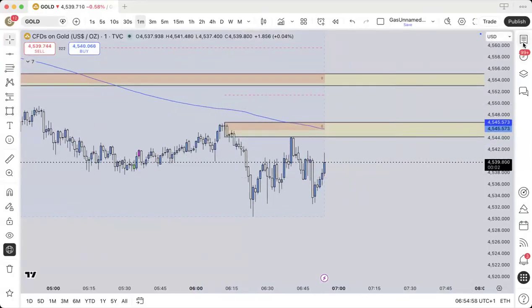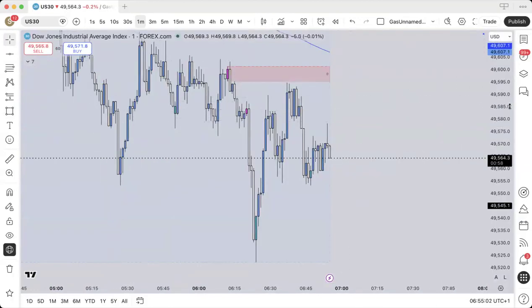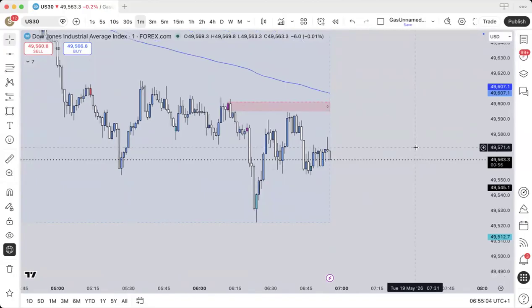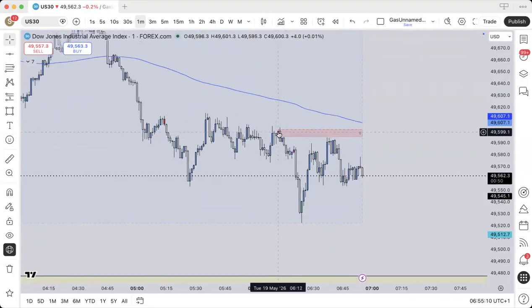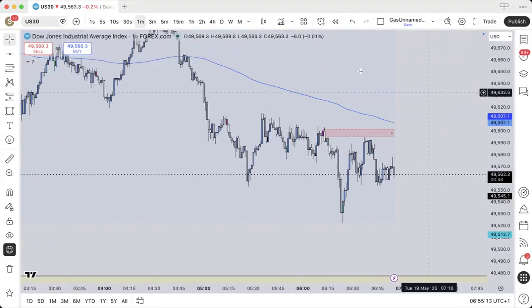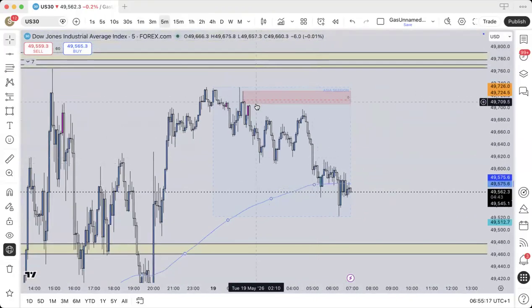So we've got 5 minutes. Let's see what we've got live with indices. Bit wicky this one. It's already been swept. So look at the 5. Nice potential up here.